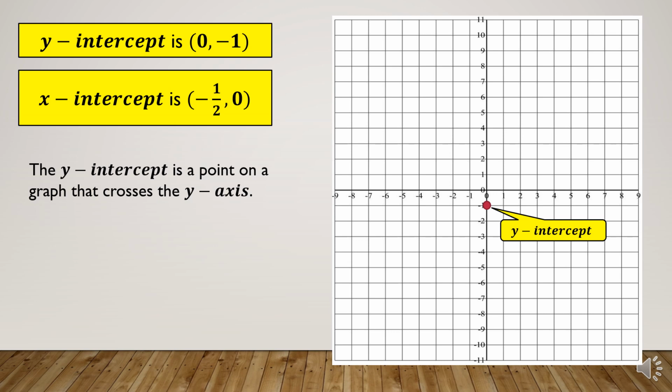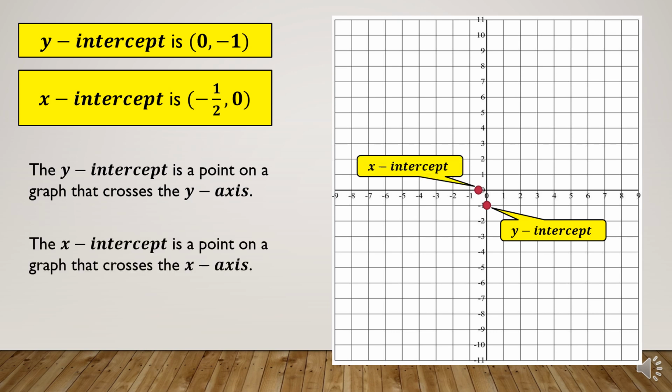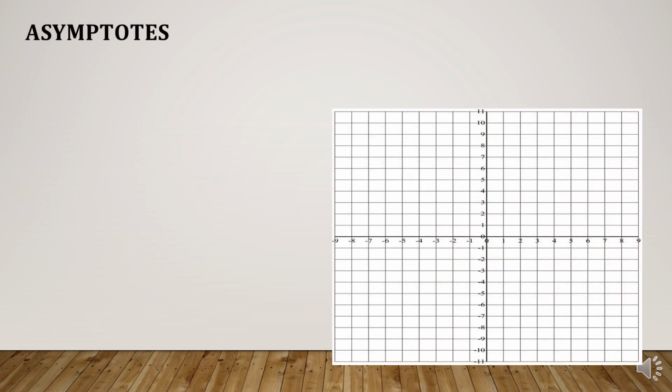The x-intercept has coordinates negative 1/2 and 0. You have observed that our x-intercept is on the x-axis, because the x-intercept is a point on a graph that crosses the x-axis.